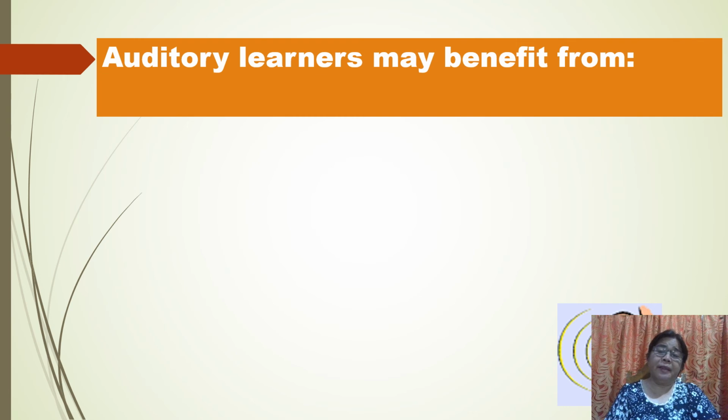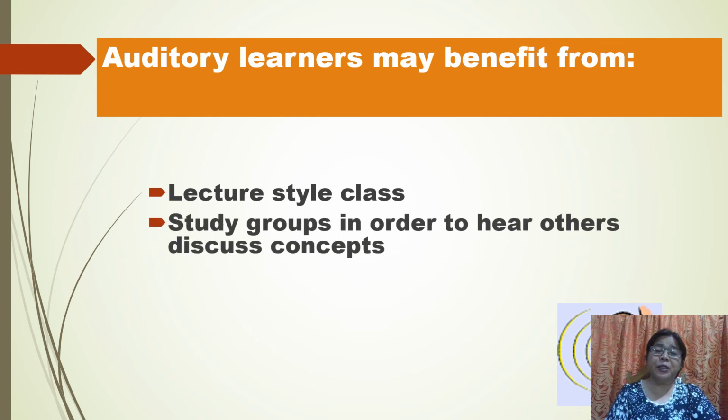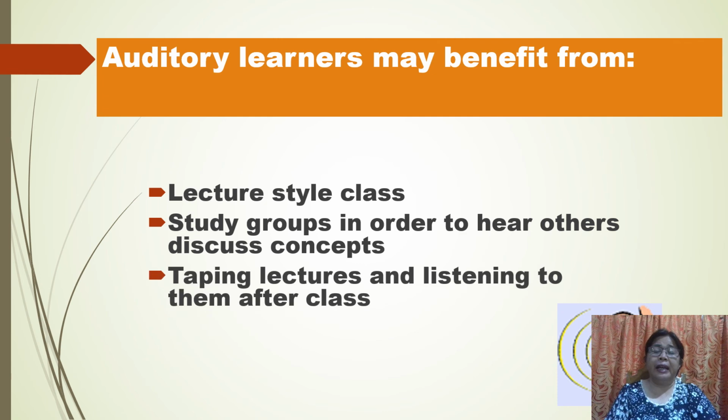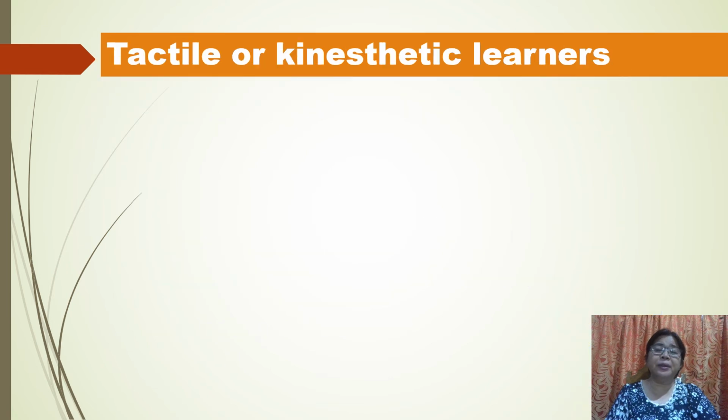Auditory learners may benefit from lecture style class, study groups in order to hear others discuss concepts, taping lectures and listening to them after class, reading aloud. So those are the characteristics of an auditory learner.